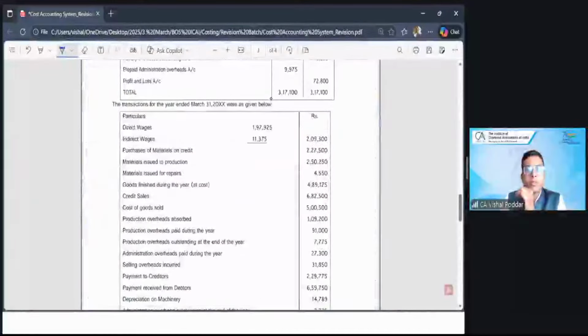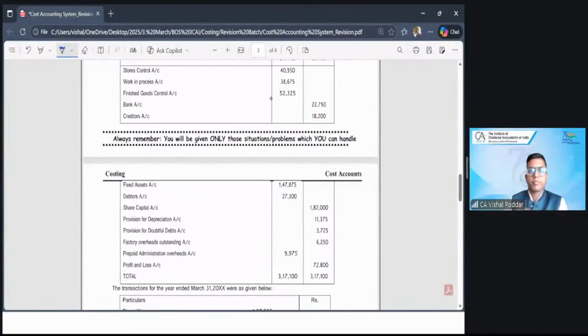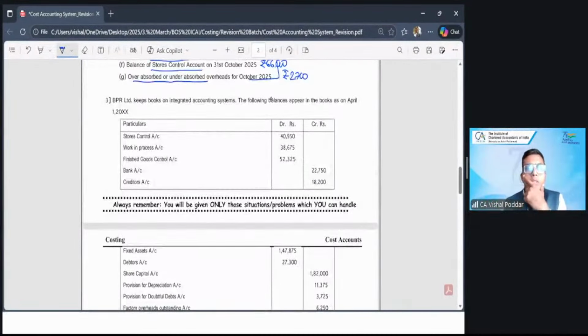Now let me take up this one sum. We can discuss this out. Now this I have taken off integrated. There is less chance of integrated as practically also mainly non-integrated is followed, but academically, since this may be asked, we have to just look through it.